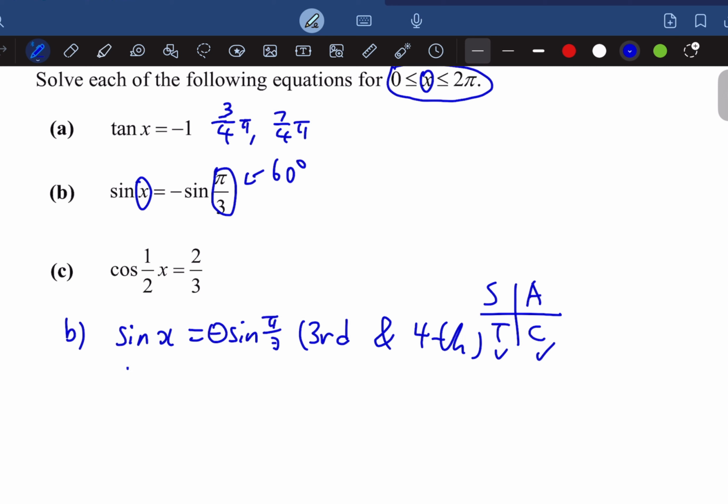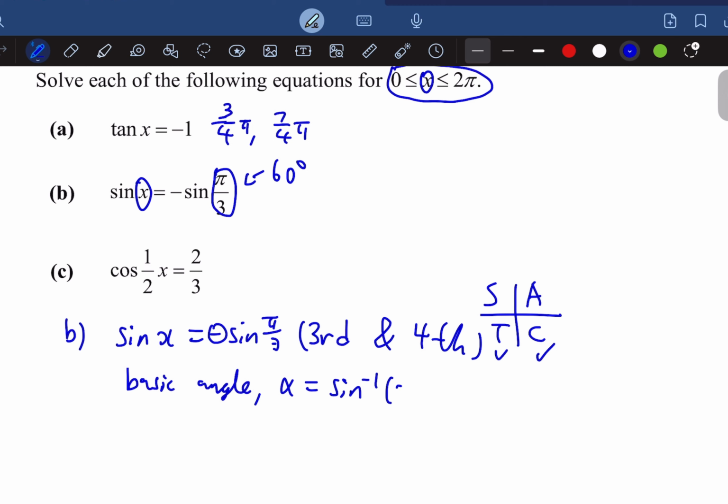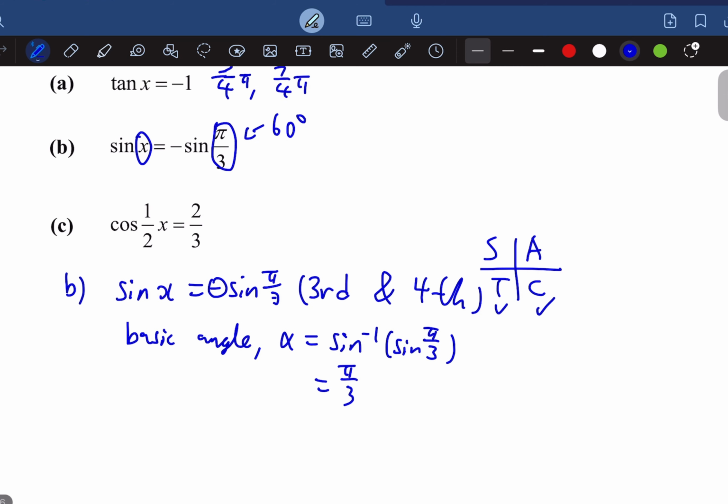So over here, our basic angle, reminder, basic angle is always acute. So alpha equals sine inverse of sine pi over 3, which means that this is only pi over 3. So with that, we can proceed. My x equals third quadrant, so it will be pi plus alpha. Fourth quadrant, 2 pi minus alpha. So this will be 4 over 3 pi and 5 over 3 pi.